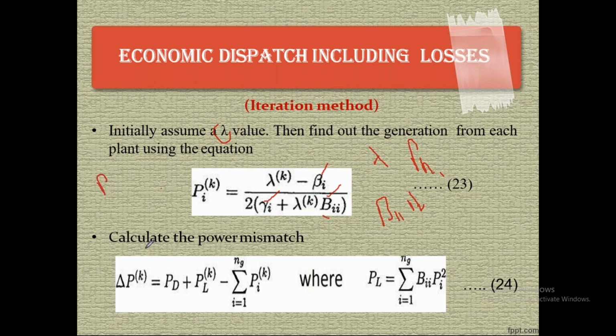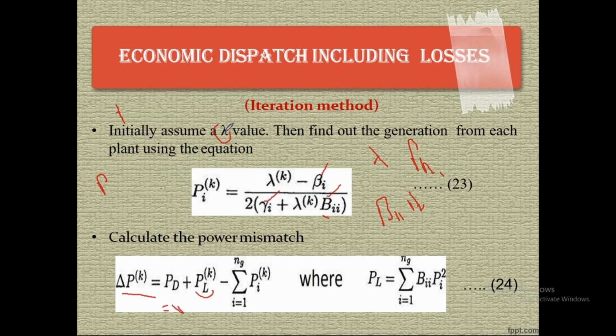After finding that, we have to calculate the power mismatch. We have to satisfy this equation: PD plus power loss. After finding PG1, PG2, PG3, you substitute these values in the power loss equation, then you get one power loss value minus PG1 plus PG2. After substituting all these values, delta P should be nearer to 0.